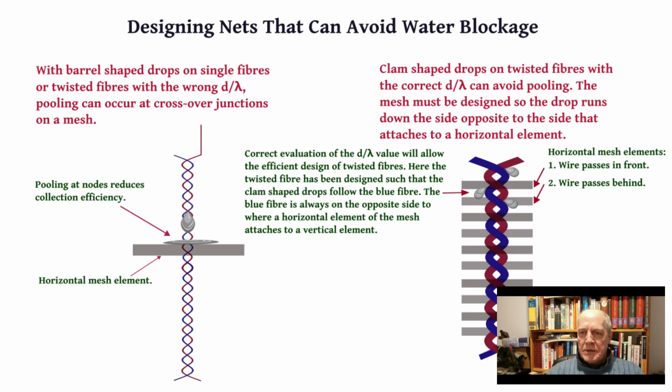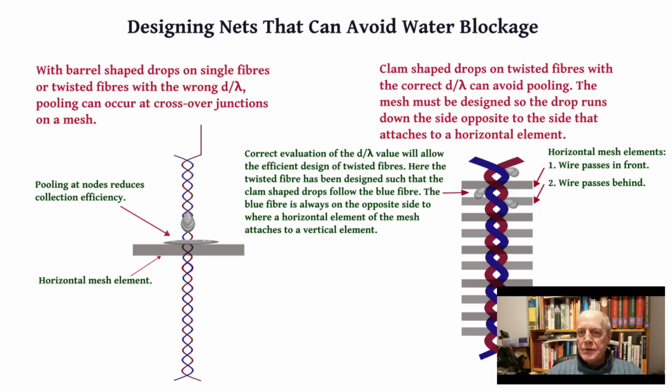Now, that is what is shown on the left of this slide. On the right-hand side of this slide is a design which the researchers propose in order to make this netting much more efficient at collecting moisture.